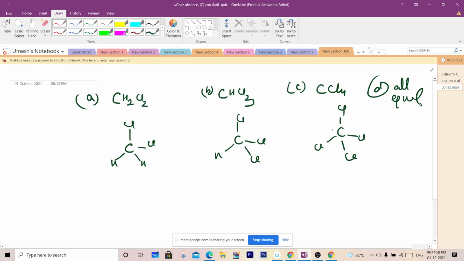So A, sir. In case of C, the resultant of the two is in this direction, and the resultant of the other two is in the opposite direction, so you can see it is a null vector. It is a symmetrical molecule, so dipole moment will be equal to 0.